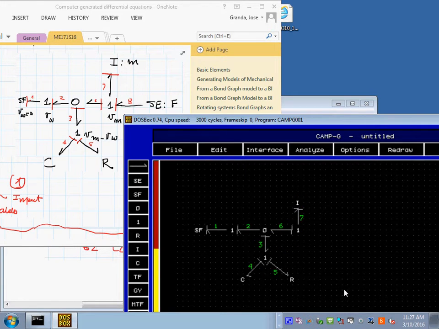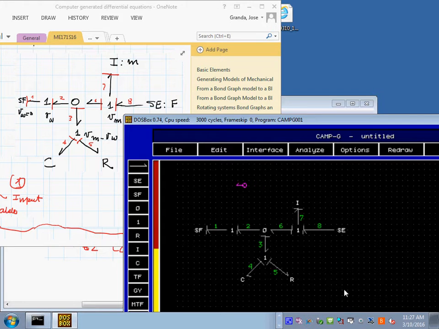Now what's going to happen is we go to interface, and we say go to the MATLAB interface please, and then the two programs will do a handshake with each other.